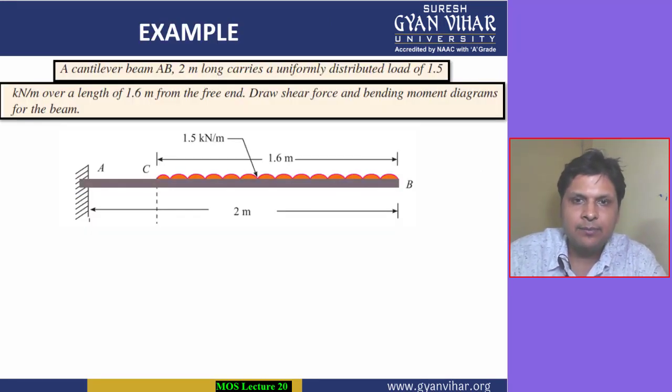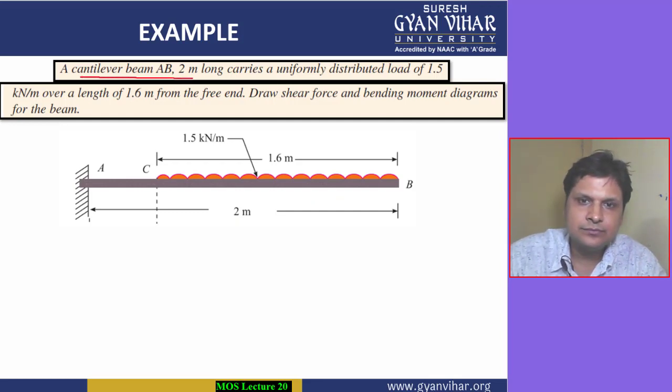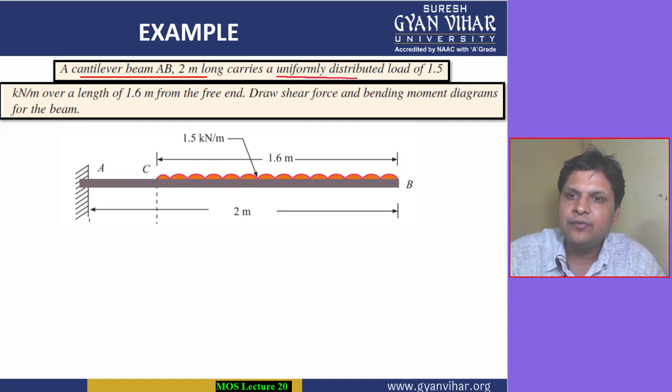Now let's take an example. We have a cantilever beam, students, whose total length is 2 meters, and it carries a uniformly distributed load of 1.5 kilonewton per meter. So the value of UDL is 1.5 kilonewton per meter, and it is spread over 1.6 meter length from the free end.